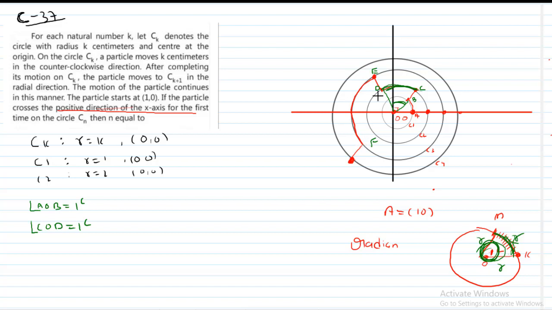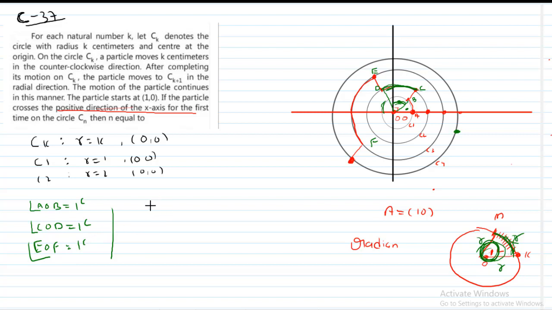That's why the radius of the circle is 3. That's why you can say that angle EOF equals 1 radian. Okay, 1 radian plus 1 radian plus 1, like that the particle is moving. So angle EOF is 1 radian.